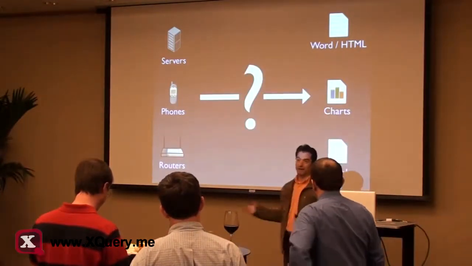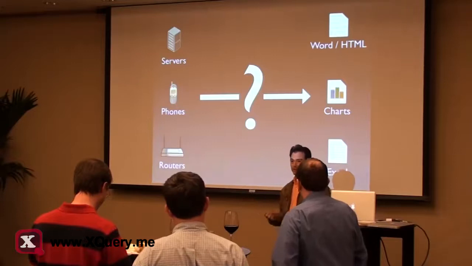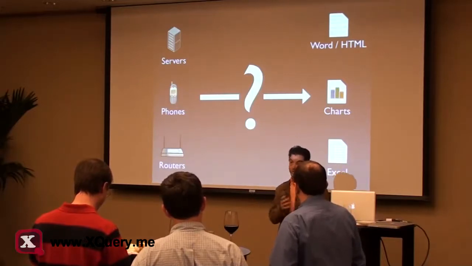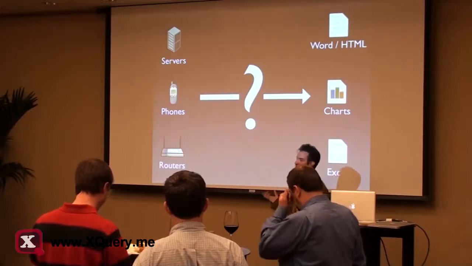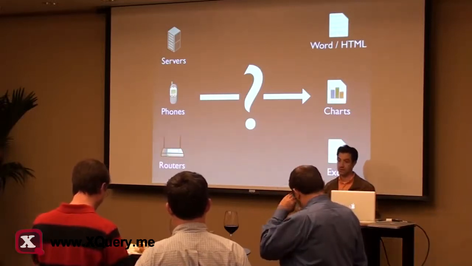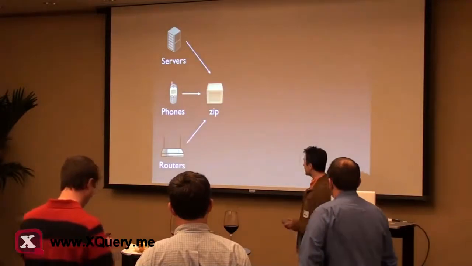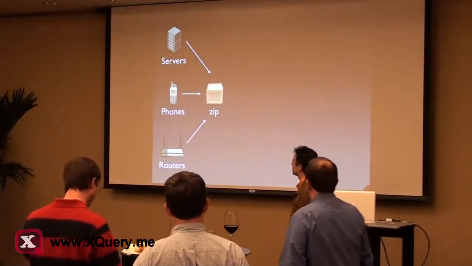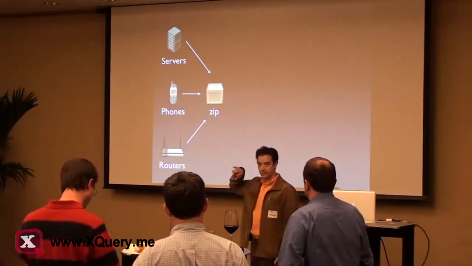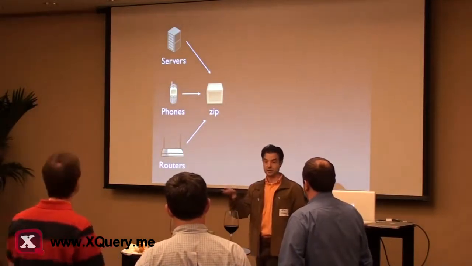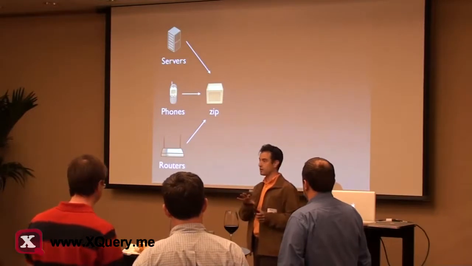And the question is, how do they get from A to B? How do they extract this data, which is sitting in routers and phones, and generate all those reports in a way that's flexible? The approach we took was to first do a phase of collection. They have tools that they developed, and they know best how their hardware works.